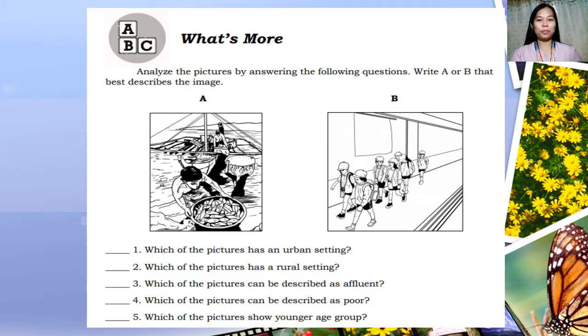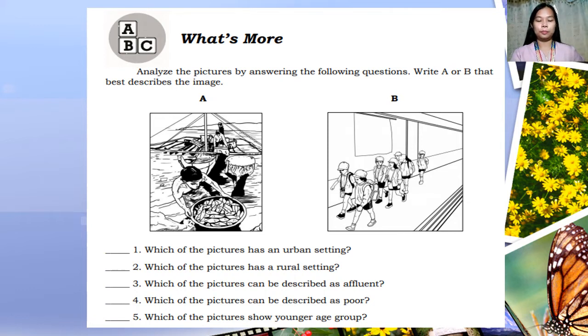Now question number 1. Which of the pictures has an urban setting? So again, urban means relating to a city. Number 2. Which of the pictures has a rural setting? Meaning relating to a countryside or a province.